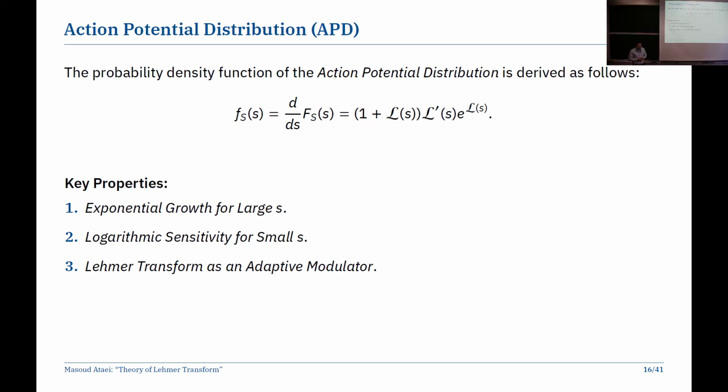The derivative of the function shows how the Lehmer transform itself is changing with respect to S, which can have a central role in shaping the distribution itself and determining whether the distribution is sharply peaked or dispersed. The bottom line here is that APD is not just a fixed function. Rather, it is shaped by the data itself.